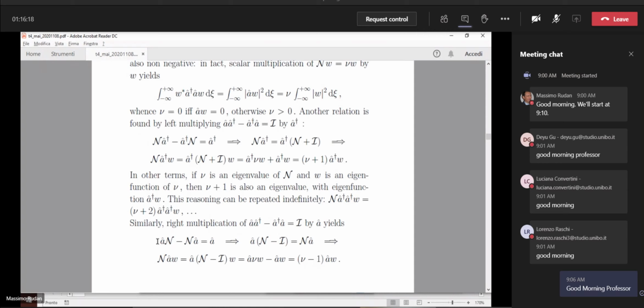But you remember, from the formula on the first line, if Ni is 0, it is a legitimate eigenvalue, but then the left-hand side of this equation is 0, which implies that A operating on W is identically 0.